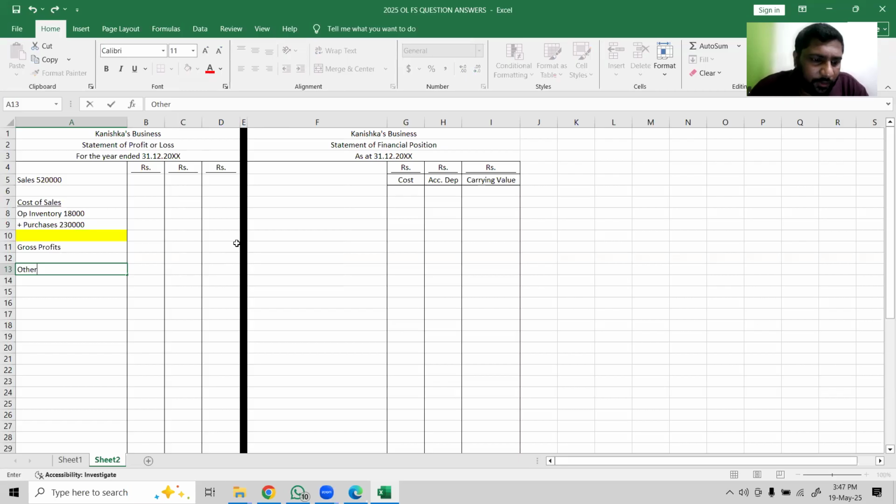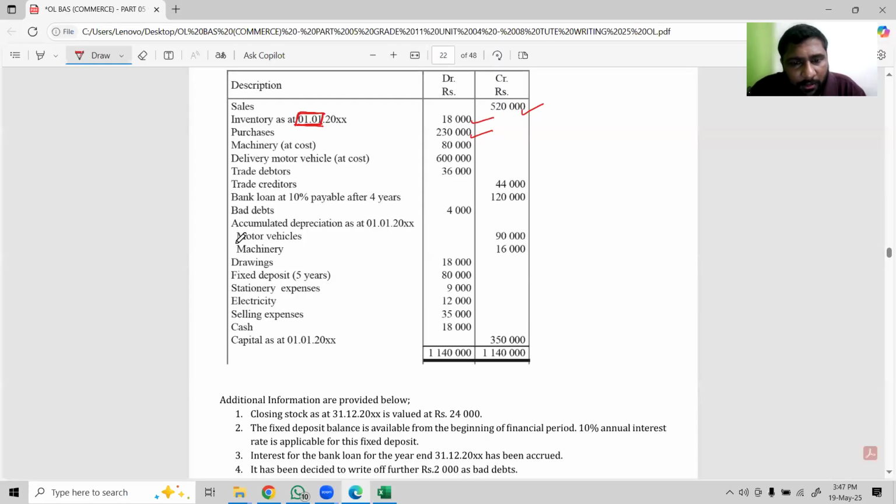After that, we'll move to other income. So do we have any other income in this question? Let's see.